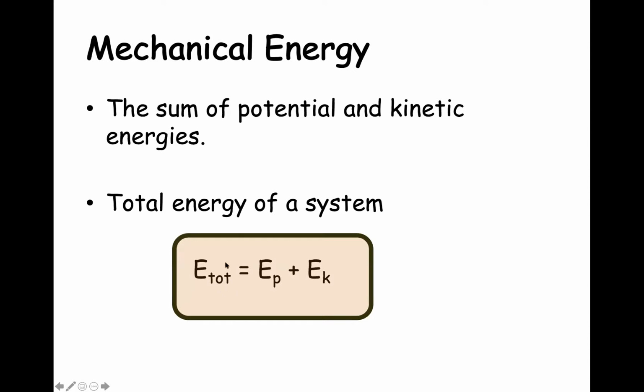So total energy is equal to the potential energy plus the kinetic energy. If you're given the height of an object, the speed of the object, and the mass, then you can find the total energy or the mechanical energy of a system.